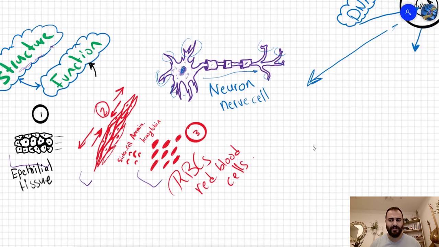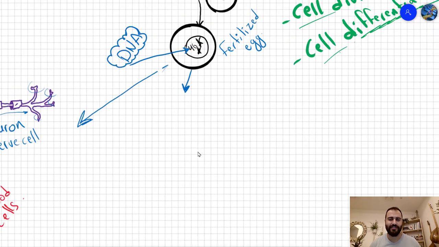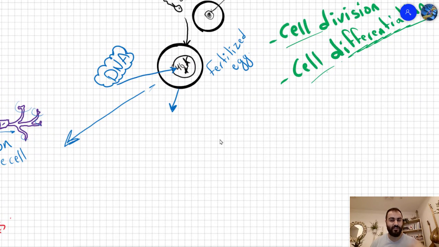Here comes a very important fact: yes, your cells have the same DNA, but they don't use the same genes. They don't use the same amount of DNA. What I mean is, imagine your DNA is a book, a biology reference that has information, and you are using this book for grade 10, 11 and 12.